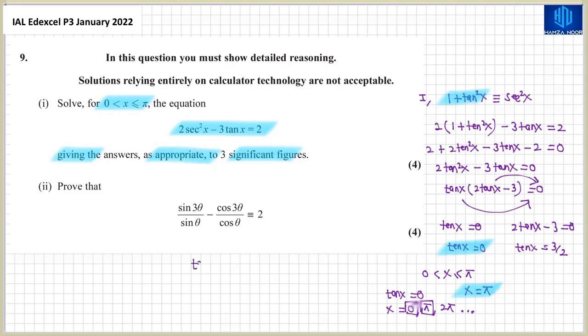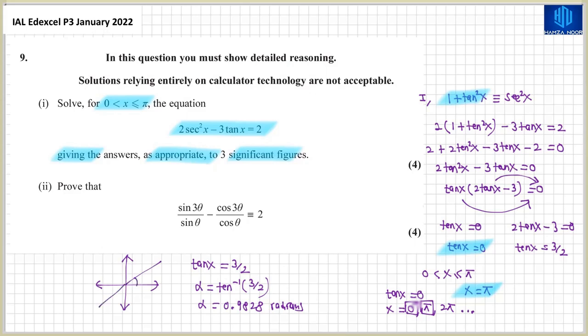Now we need to solve the other equation, tan x equals 3 over 2. The basic angle alpha will be tan inverse 3 over 2, which is 0.9828 radians. Now we make a quadrant diagram. As we are considering a positive value of tan, tan is positive in the first quadrant and the third quadrant.